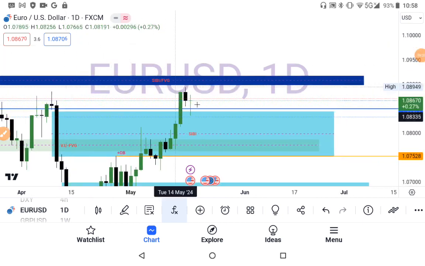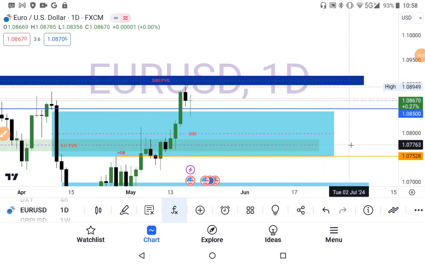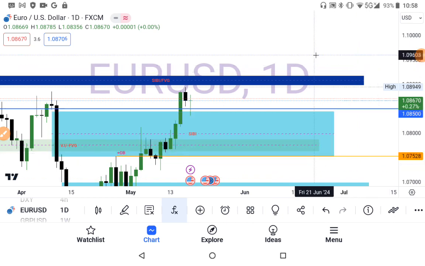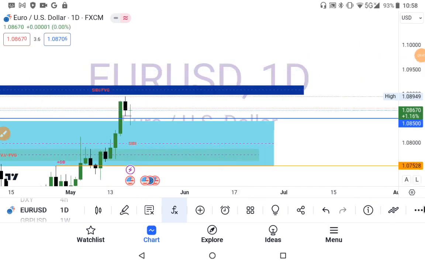So revisiting this area, we'll be interested in 1.09 and a possible movement into 1.09500.